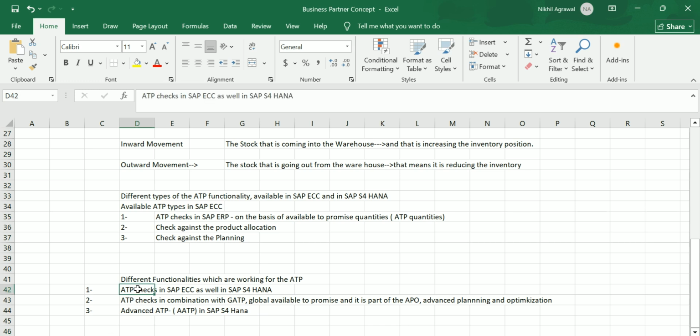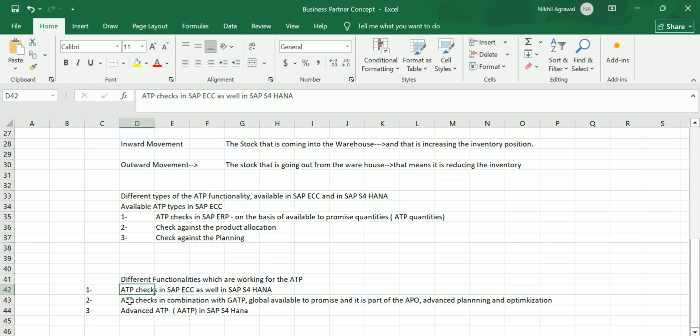This is the standard functionality and it is called the classical functionality for ATP check. Second is a bit more advanced functionality that many customers are using. In case any customer wants to use the advanced functionality of ATP, then they use the GATP, that is global available to promise.